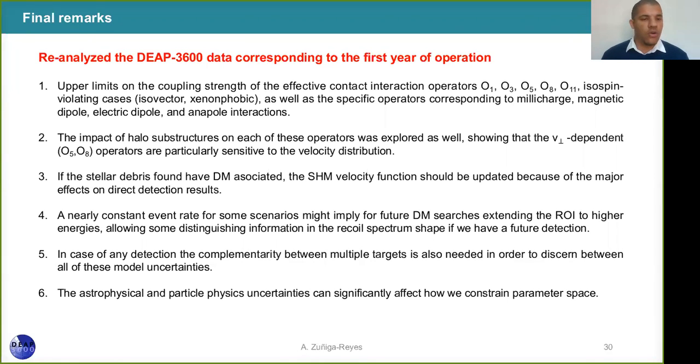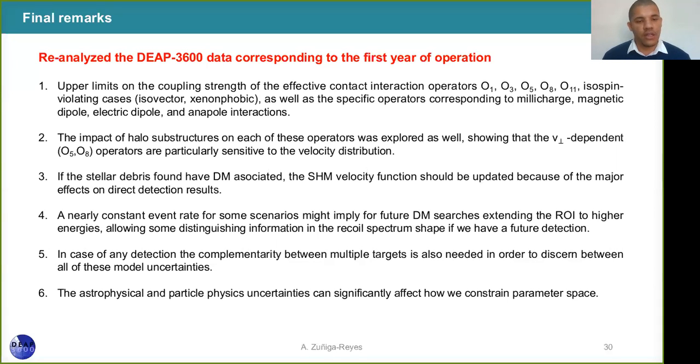And as I showed, in some scenarios, we can get a nearly constant event rate, and this might imply for future dark matter researchers that we could extend the region of interest to higher energies, allowing some distinguishing information in the recoil spectrum if we have a future signal.